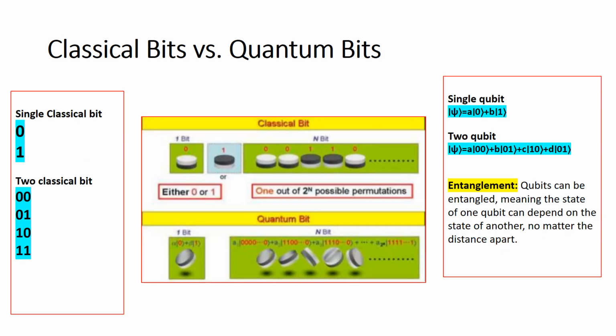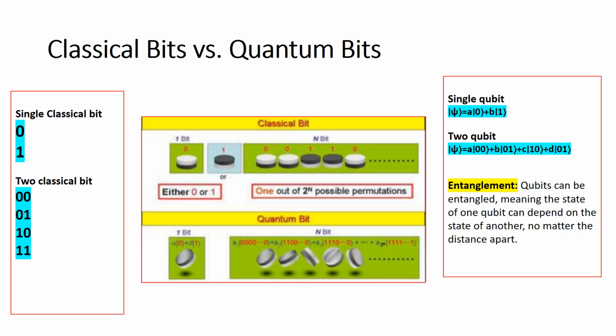A single classical bit can take two different values, either 0 or 1. Only there are two possibilities. Two classical bits can take four different values, that is 00, 01, 10 and 11. So there are four possibilities for two classical bits.